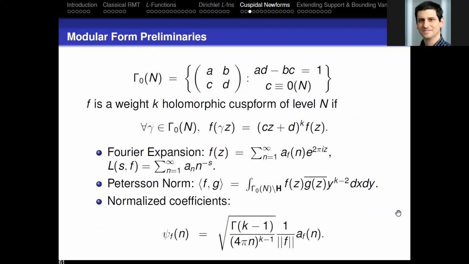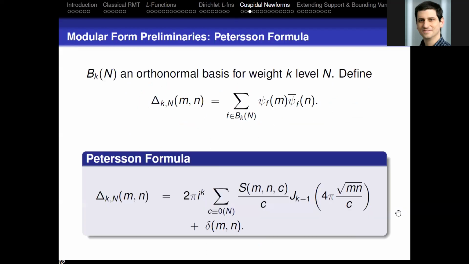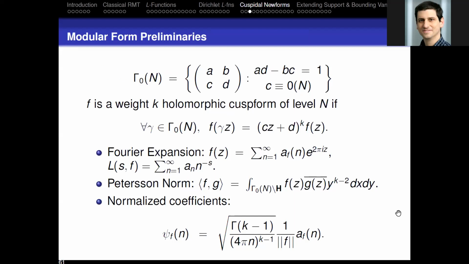And then we just normalize the coefficients. There are several different ways to normalize the coefficients of L-functions. I can always rescale an L-function by a fixed constant and it's still going to satisfy the same functional equation. So normally you adjust things so that either the L2 norm is 1 or the first coefficient lambda f of 1 is 1. We'll do lambda f of 1 is 1.